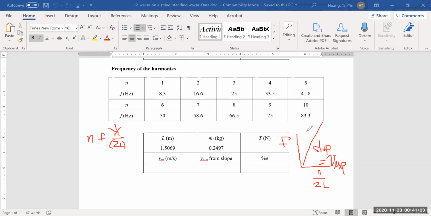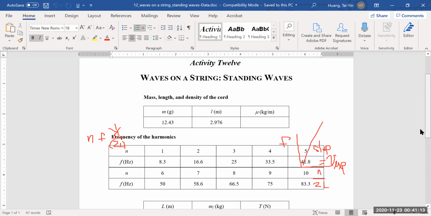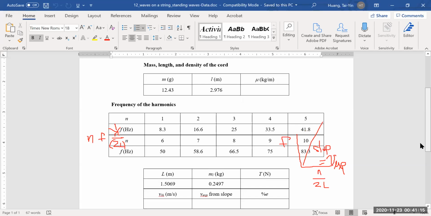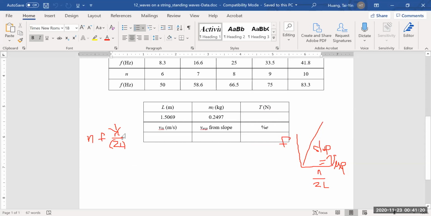The analysis part of this experiment is pretty straightforward, and since you've done all the data analysis so far, you should find it relatively easy. The only thing students might get wrong is, instead of doing N over 2L, they do N over 2 and then forget and multiply by L, although they think they're dividing by L. That depends on how you set up your equation.